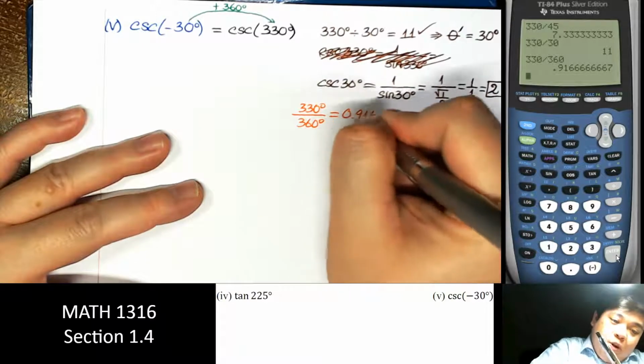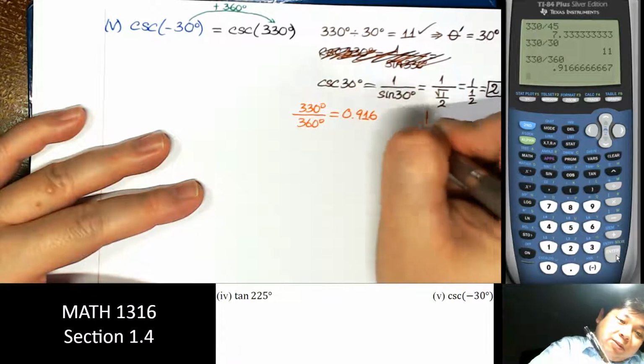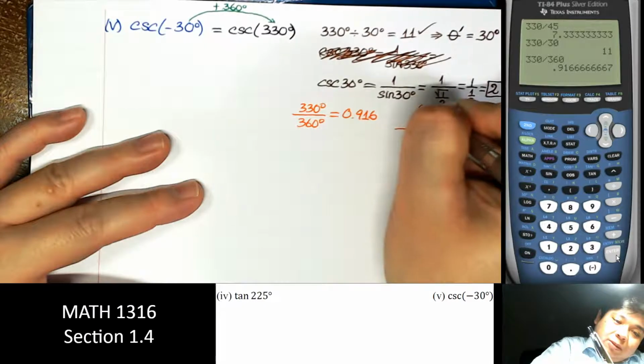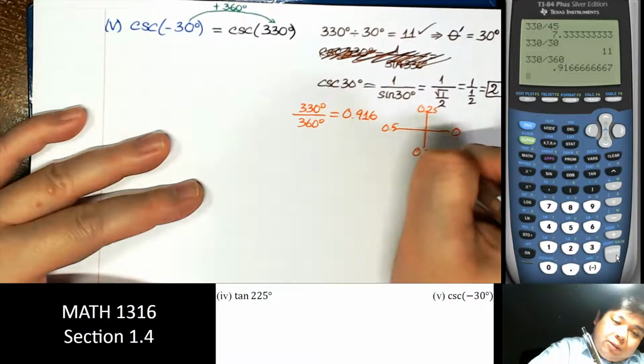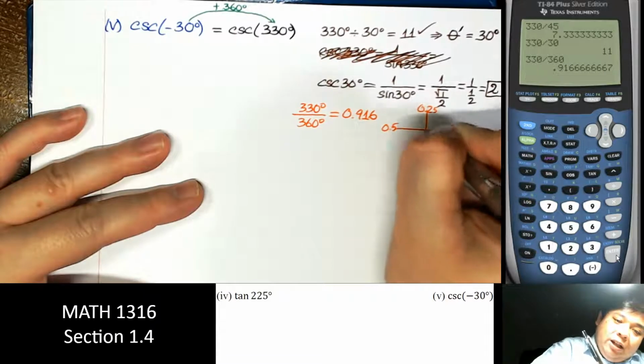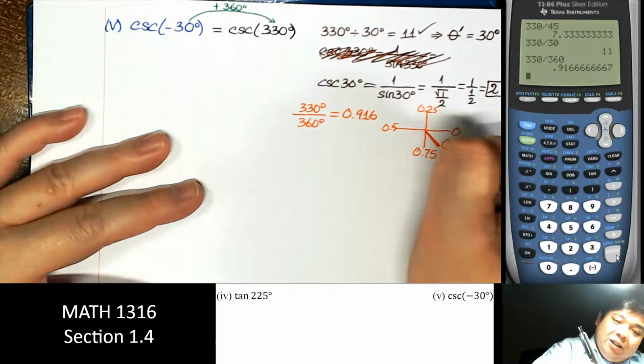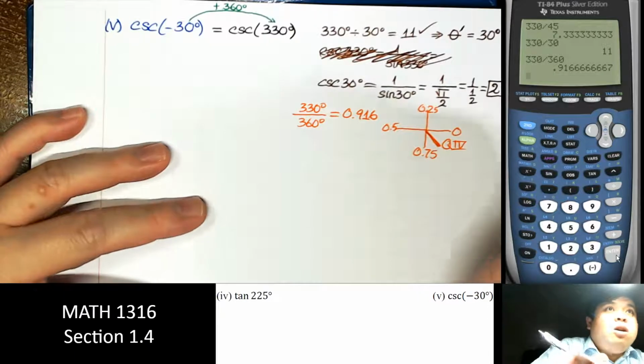And if we check the decimal part, it will be in quadrant 4.